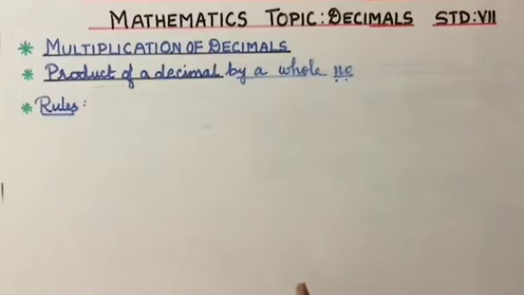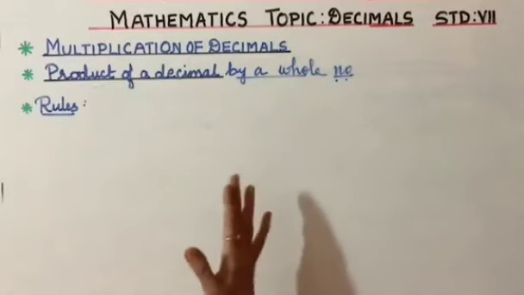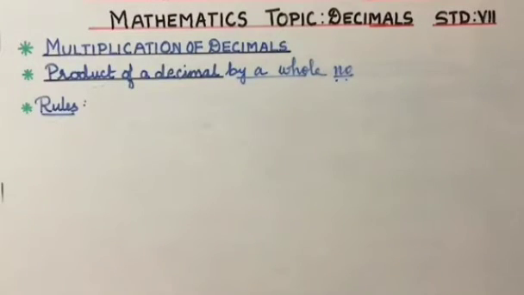Later, count the number of decimal places in the multiplicand from your right and place it in the product after that many places. Children, after explaining, when I do the examples, I'm sure you will be able to understand. First, let us write the rule.